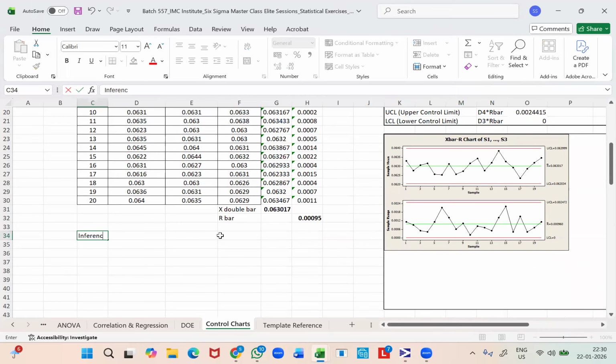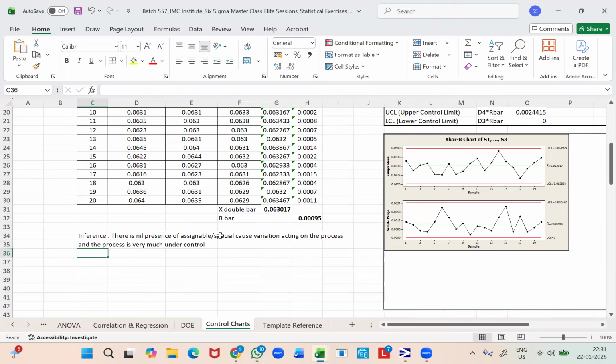The inference will be: there is nil presence of assignable or special cause variation acting on the process, and the process is very much under control. When I say the process is very much under control, it means that the process is influenced only by common cause variation, so there is nil presence of assignable cause variation.